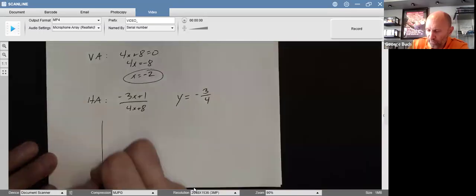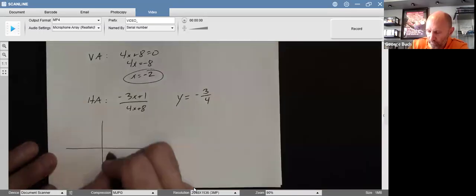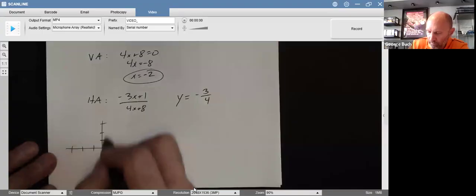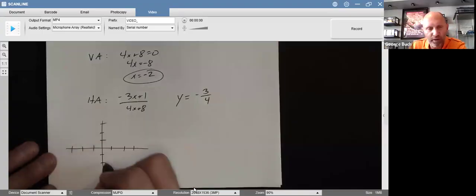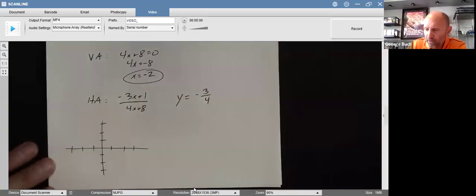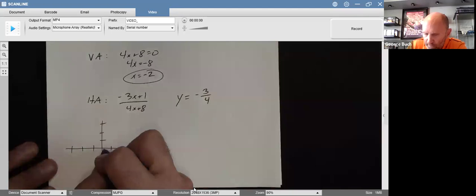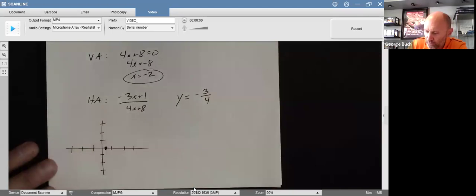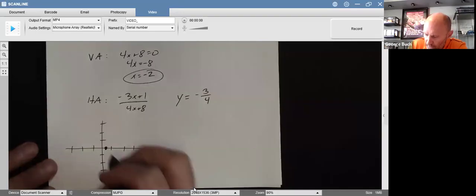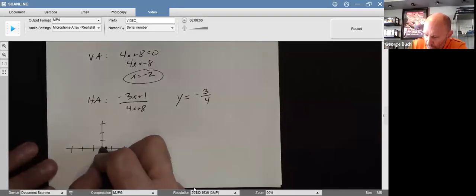So now we can sketch this. These are going to be tight confines here, but we'll try it. So the x-intercept is at 1/3, 0, so roughly here. The y-intercept is 0 and 1/8, so about here.